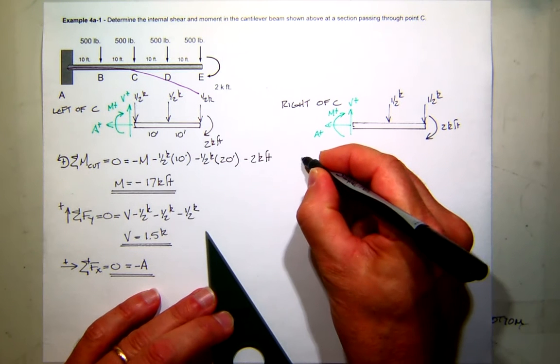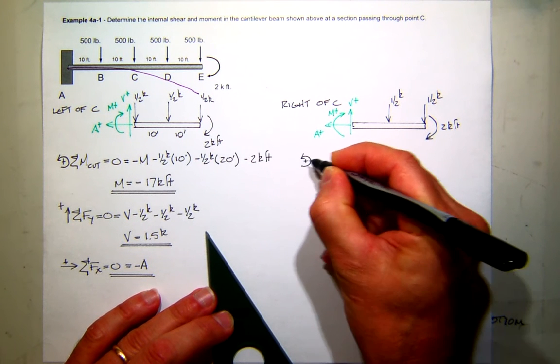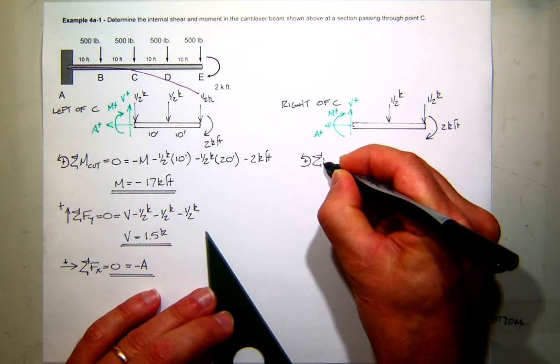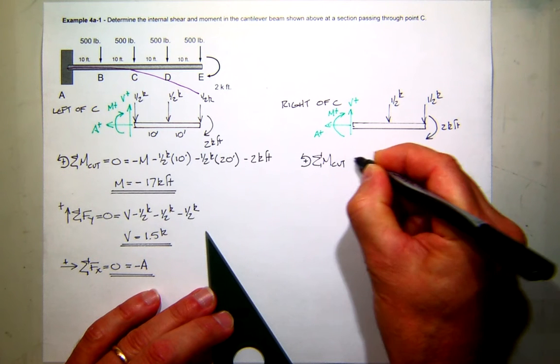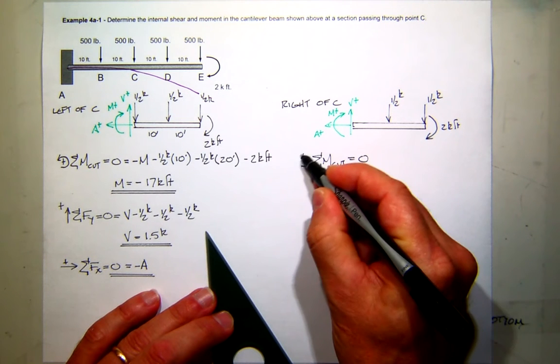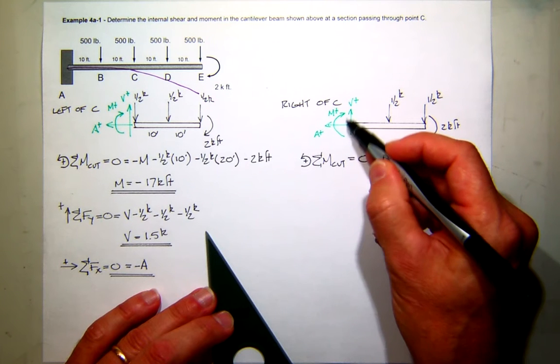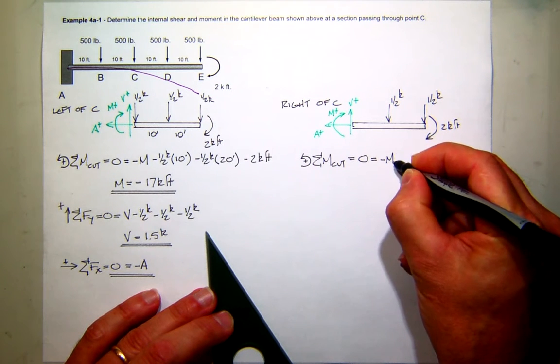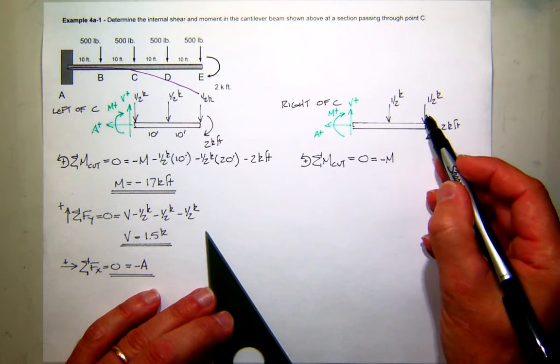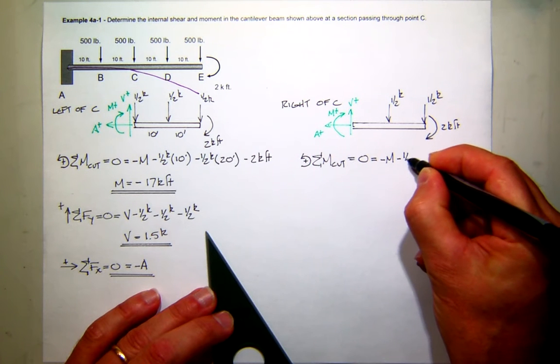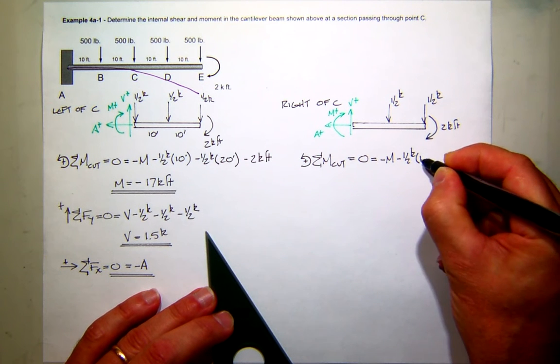I almost solved the problem again. You probably see a lot of things in common. So I'm going to sum forces at the cut again. Sum moments at the cut, and make sure it's in equilibrium using right-hand rule for my sign convention. So I start off. This is again still a negative moment in statics. I have 2 moments. The first one is half a kip at 10 feet.